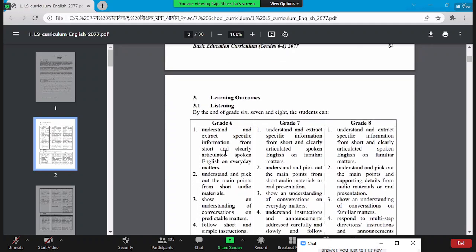Understand and extract specific information from short and clearly articulated spoken English every day. Understand and pick out the main points from short audio materials. Show an understanding of the conventions of... these are the objectives. Just like, show and understand and pick out the main points from the short audio clips.